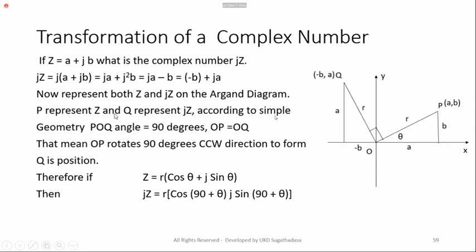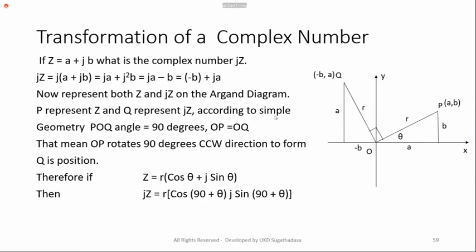P represents Z and Q represents jZ. According to simple geometry, angle POQ is 90 degrees. OP equals OQ, because the modulus value is the same, no? It is the square root of a squared plus b squared. That means OP rotates 90 degrees counterclockwise to form the Q position.